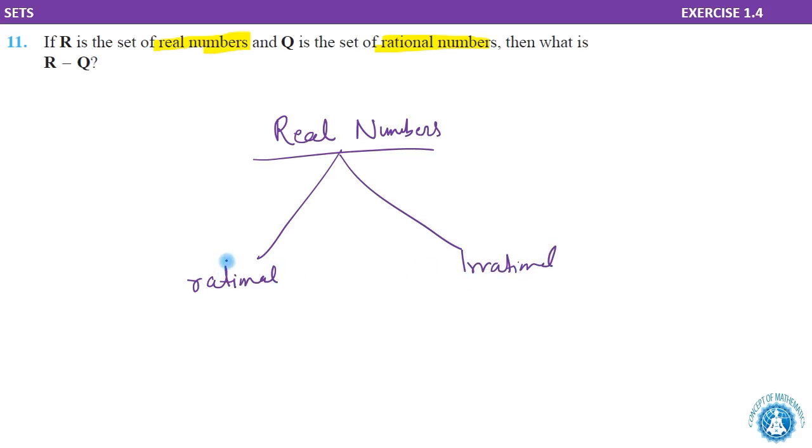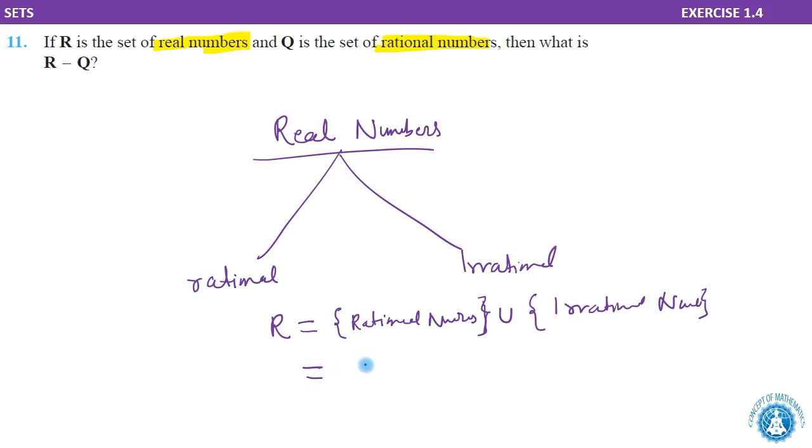So we can say that real numbers is equal to the union of rational numbers and irrational numbers, correct?